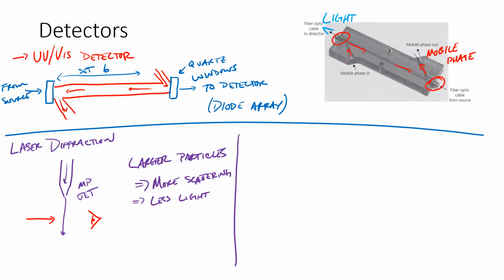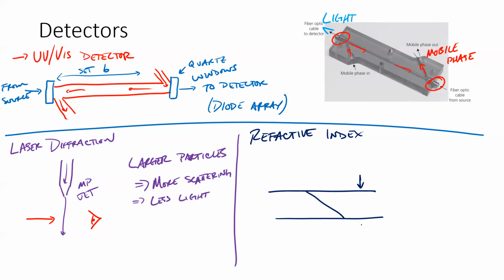Okay. The last kind of detector that I'll talk about is a refractive index detector. And the way that this guy works, this would be your sample in the mobile phase.